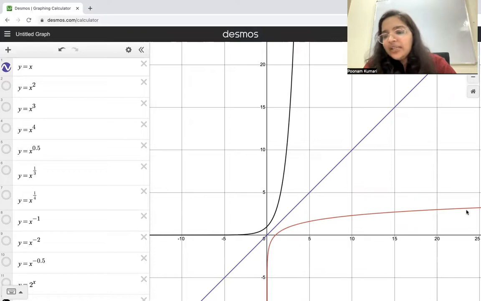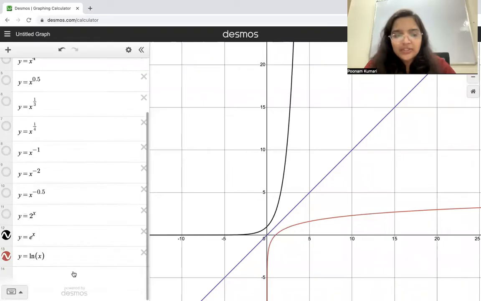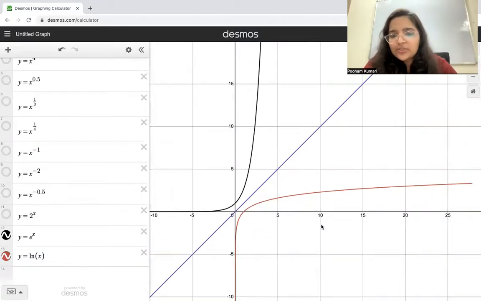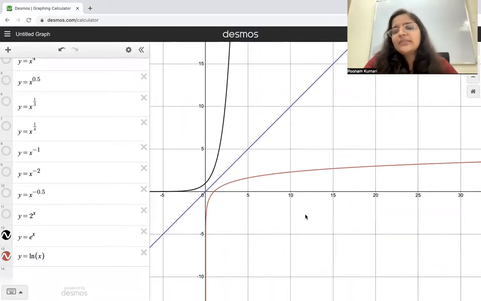And same thing, अगर मैं इस ग्राफ का मिरर इमेज देखूं along this mirror, I will get this graph. Okay, so both of these are inverse of each other. Okay, e power x and log x are inverse of each other. I hope you know these concepts. If not, in the due course, we will be talking about these things.